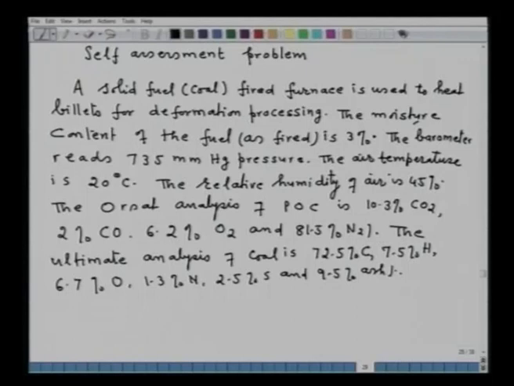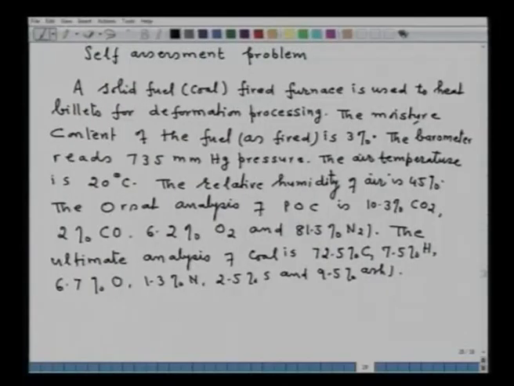I think the problem is complete. They are given a solid fuel fired furnace. Coal analysis is known. The coal when fired contained 3% moisture. The barometer reads 735 millimeter of mercury. That means it is not 760 millimeter, it is 735 millimeter.